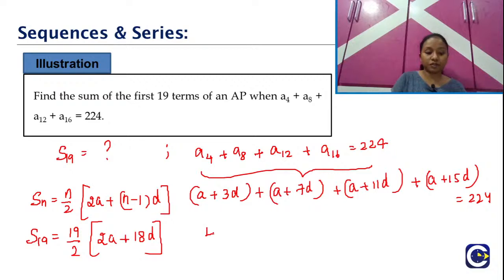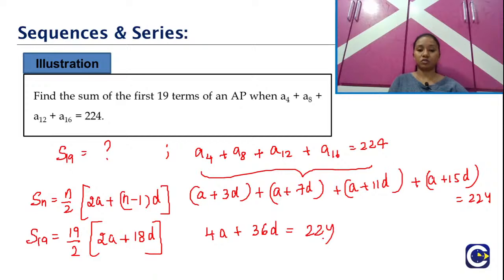So now it will be 4a plus, let's just do the sum of all these d terms here. 3 plus 7 plus 11 plus 15 is 36d, which will be equal to 224.